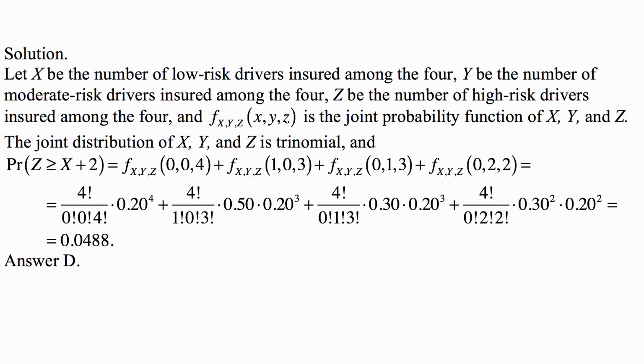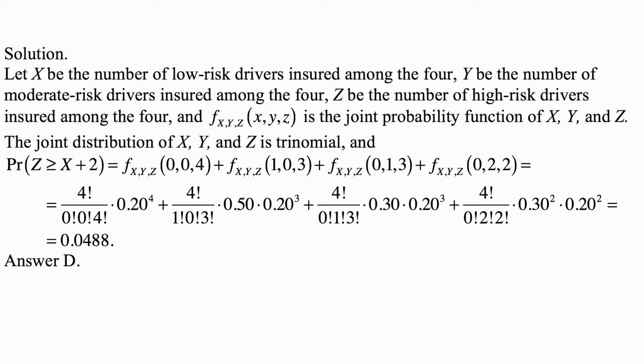Then for (1, 0, 3), the probability is 4 factorial divided by 1 factorial times 0 factorial times 3 factorial, and that's multiplied by 0.50 for that 1 low-risk driver, times 0.20 cubed for the 3 high-risk drivers.